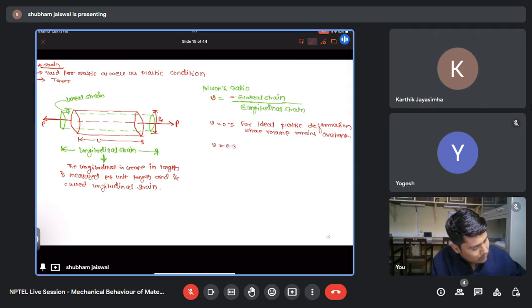So we'll approximately say 0.3 for most materials. So what does it tell us? That volume is not conserved when we are talking about the elastic region.